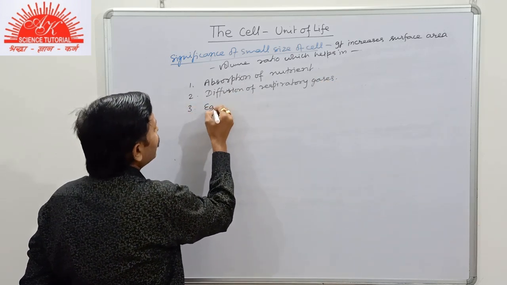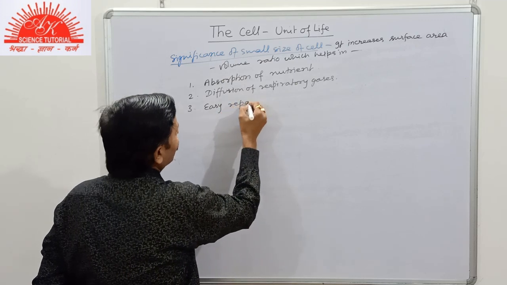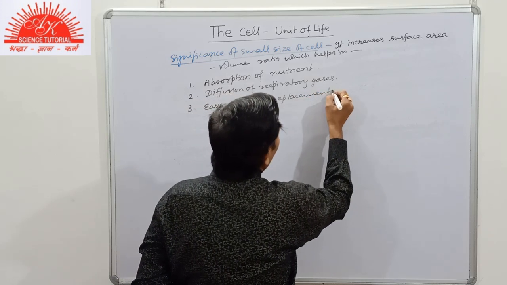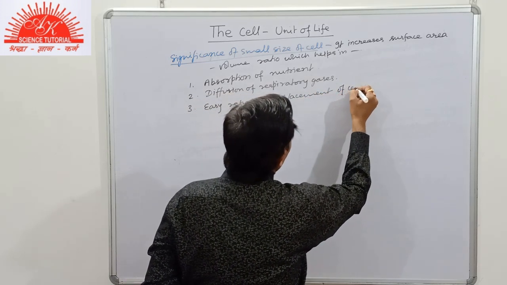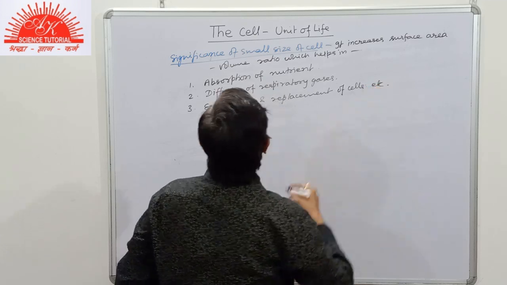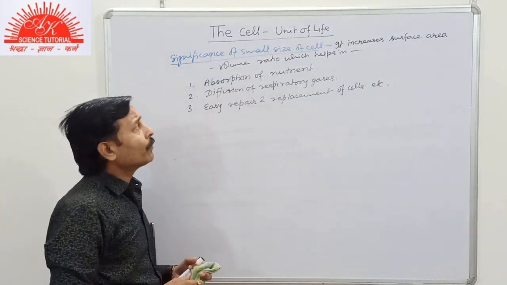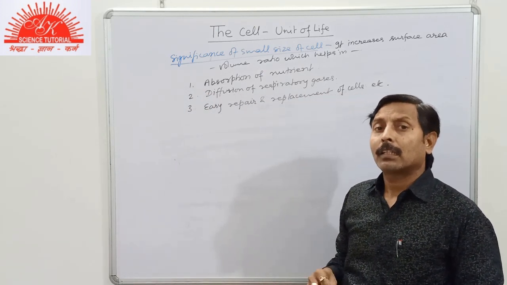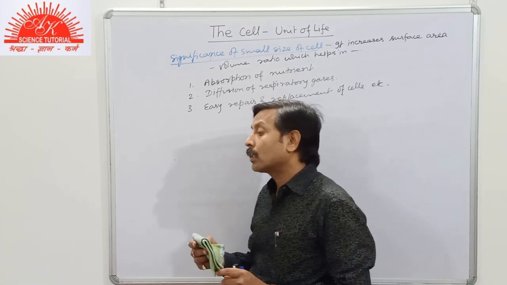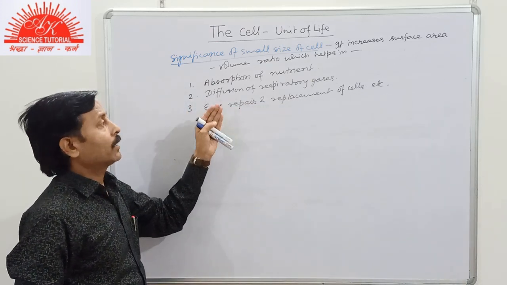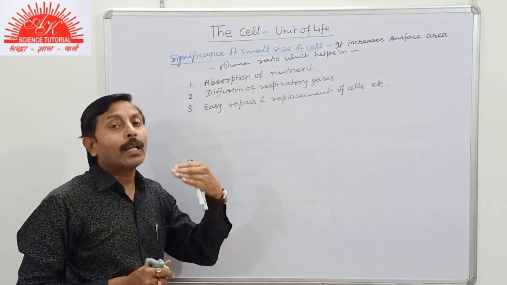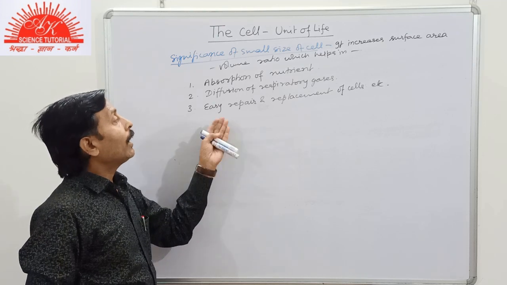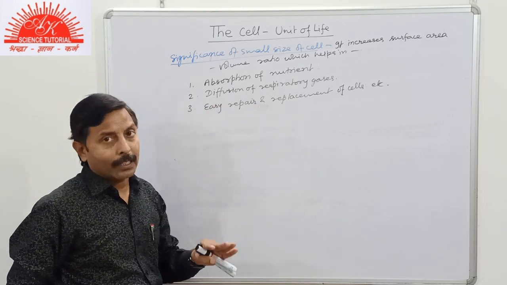Now easy repair and replacement of cells, etc. So if the size of the cell is very small, in that case it will be easy to absorb, to distribute the different substances from one cell to another cell due to larger surface area, larger absorption, larger transportation, larger diffusion can easily take place.